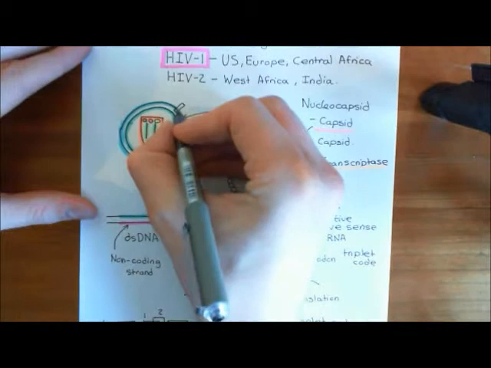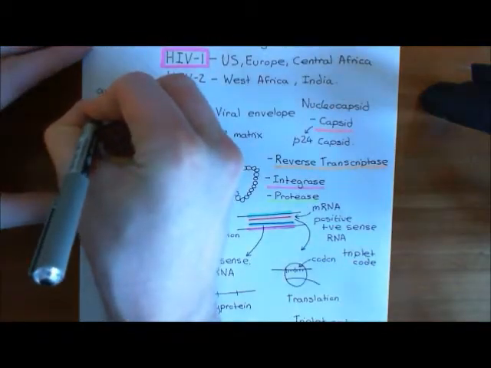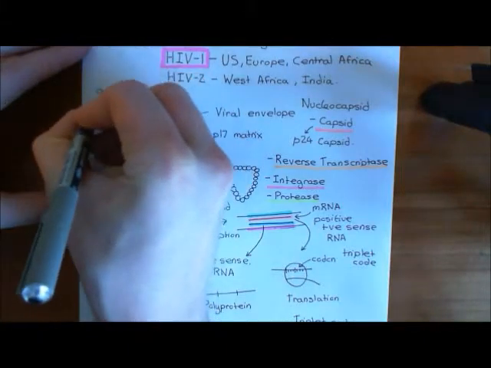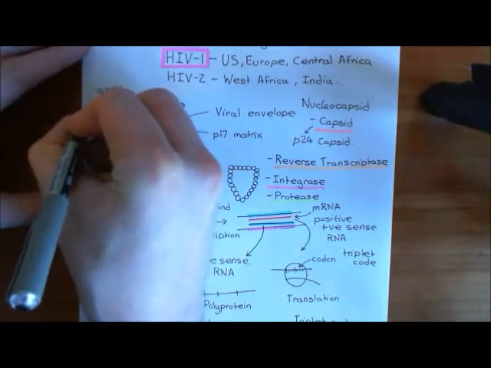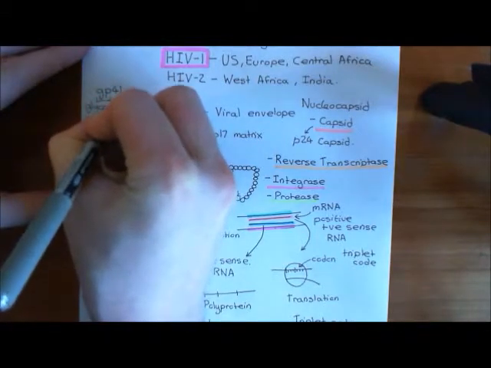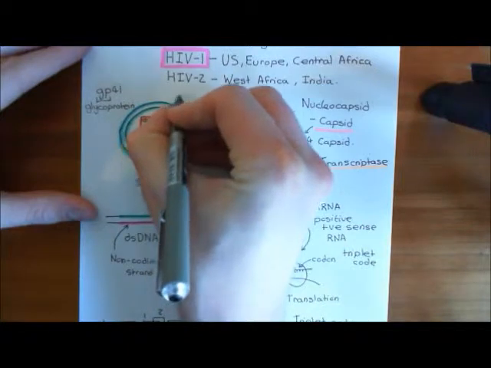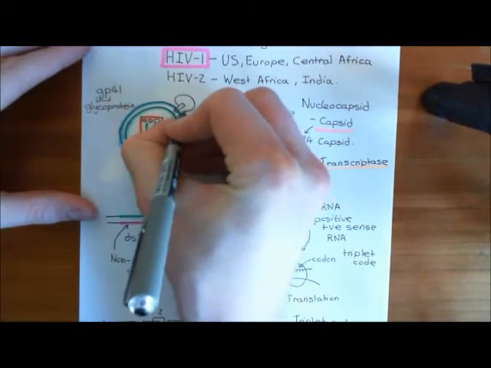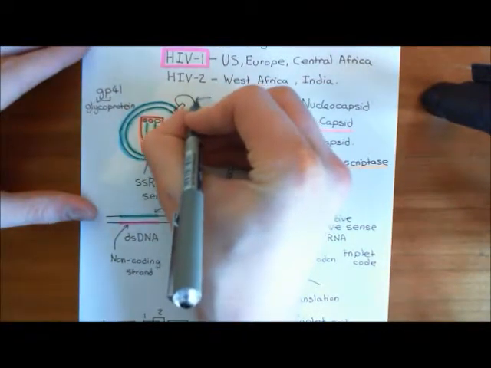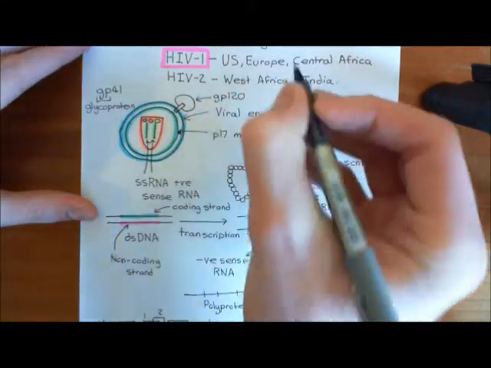This first one that I'm drawing is GP41, which stands for glycoprotein 41. And then bound over the top of glycoprotein 41, which I'll draw like this, you have another one, called glycoprotein 120, GP120.